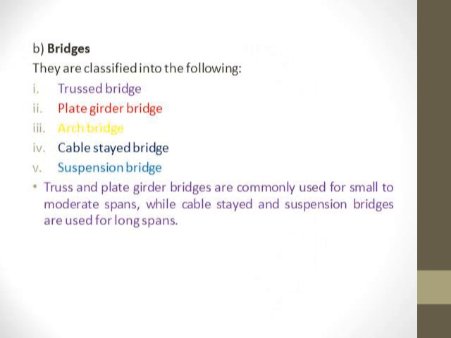The truss types also include the deck type and through type. The deck type is preferred if the clearance below the truss is not a critical factor. So these are some of the bridges I have given a brief idea about.